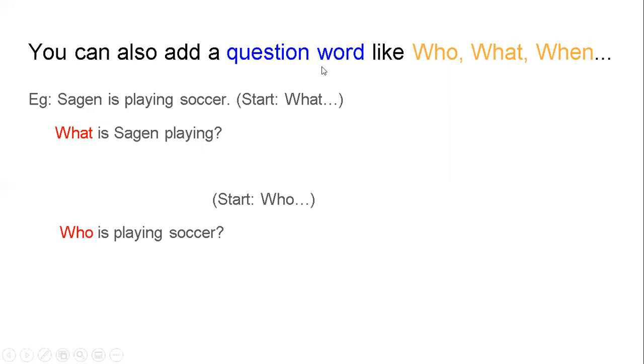You can also add a question word like who, what, when. Here's a nice example for you. Sagan, or you can pronounce his name any way you like. Sagan is playing soccer, football, soccer. Start with what. Now I'm asking what.